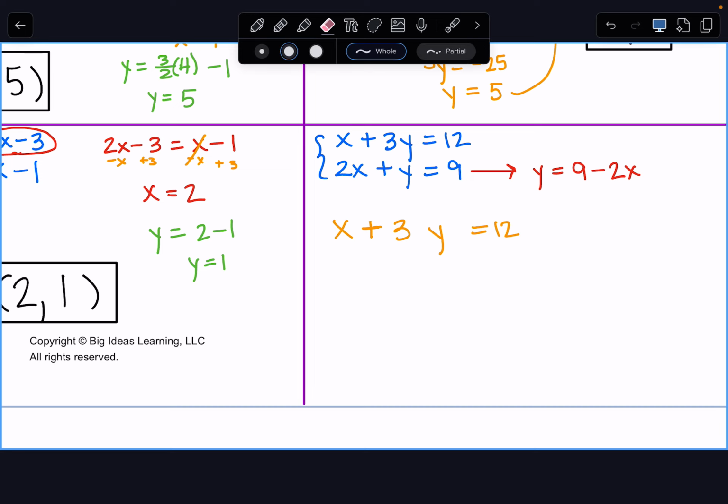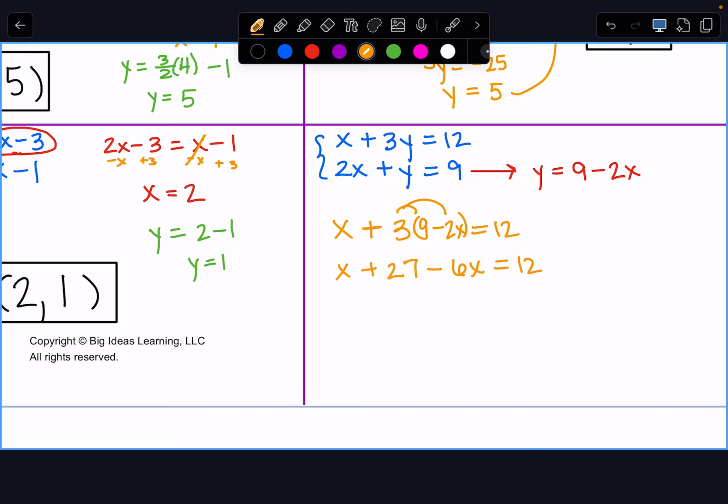I can erase y and replace it in parentheses with 9 minus 2x. So we get x plus 27 minus 6x equals 12.